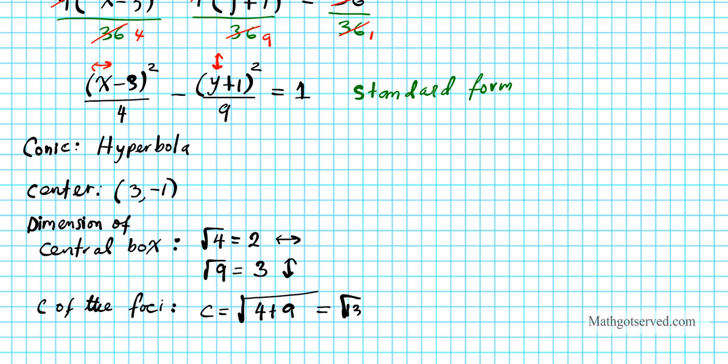So 4 plus 9 equals 13, root 13. If you plug this into your calculator, this is approximately 3.6. So the question is, what direction do we graph the foci? Well, let's go ahead and label the directions of the sides first.